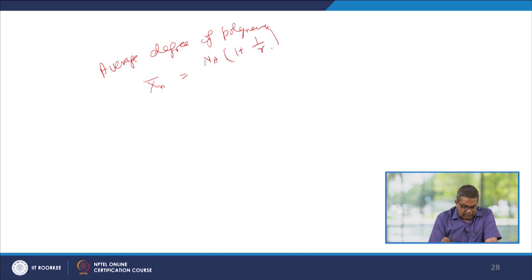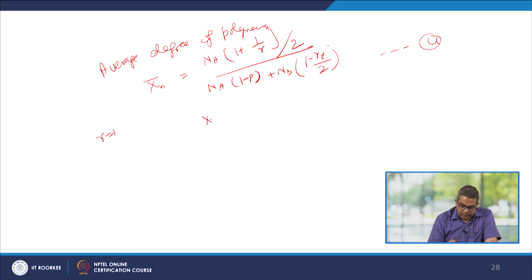We can represent the average degree of polymerization as xn bar is equal to Na into 1 plus 1 over R, over 2, divided by Na into 1 minus P plus Nb into 1 minus Rp, over 2. Let us say this is equation 4. So when R is equal to 1, then xn bar is equal to 1 over 1 minus P, and when P is equal to 1, then xn bar is equal to 1 plus R over 1 minus R.